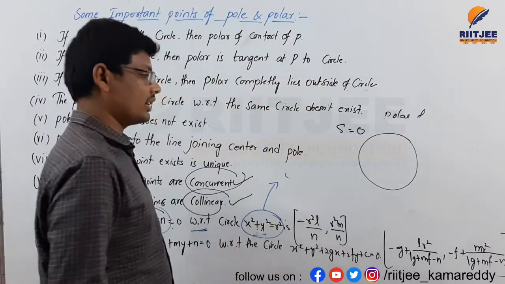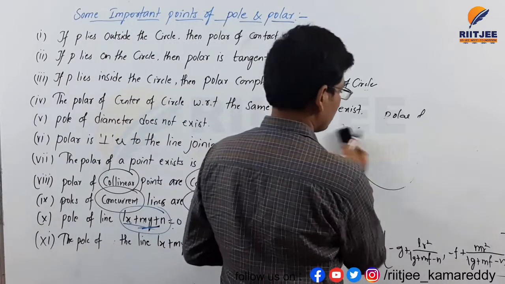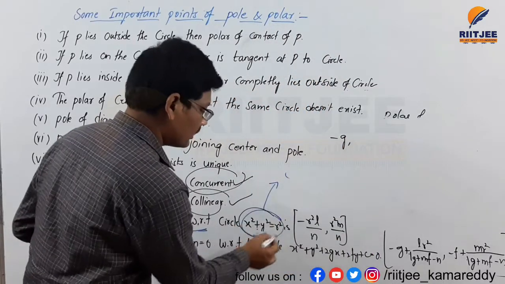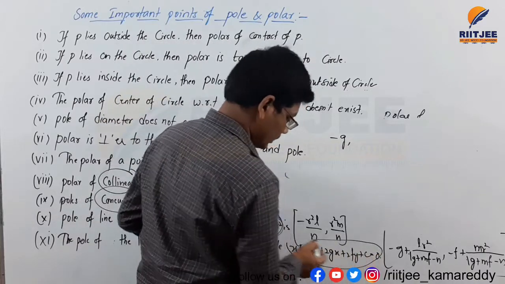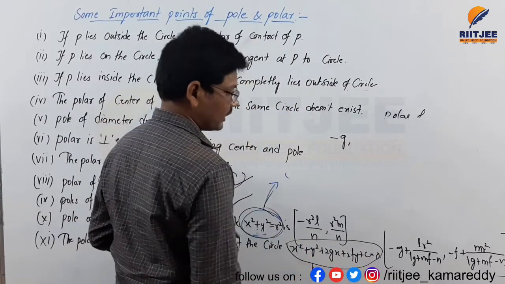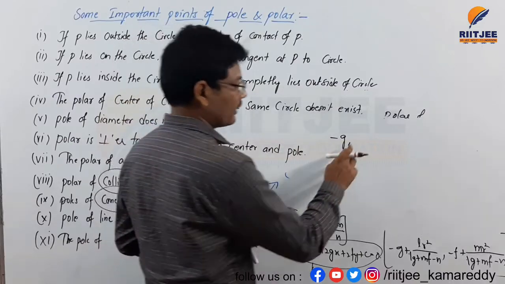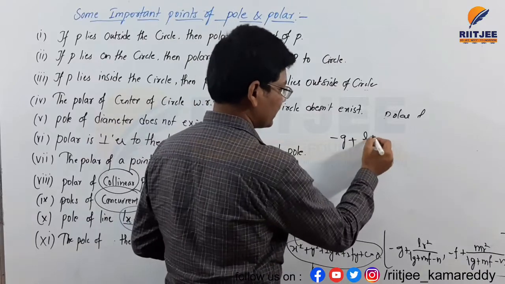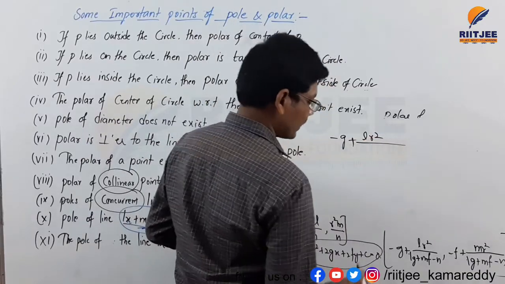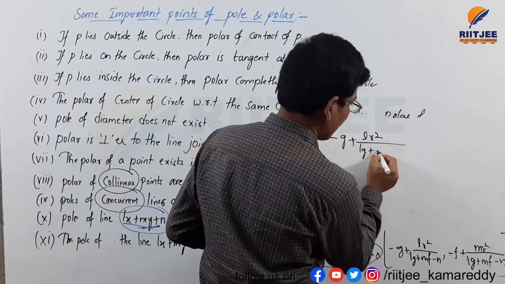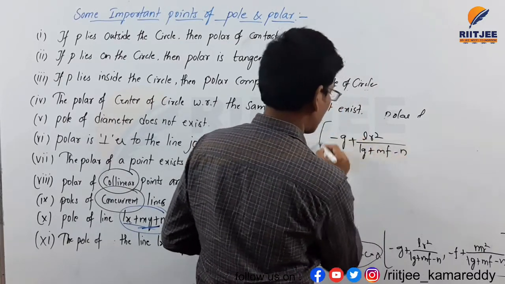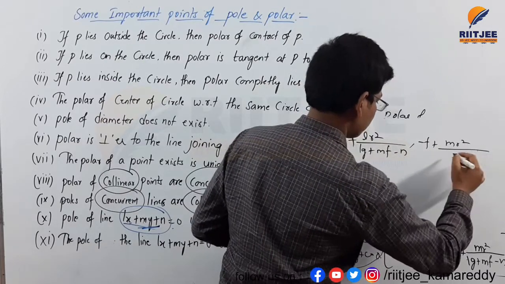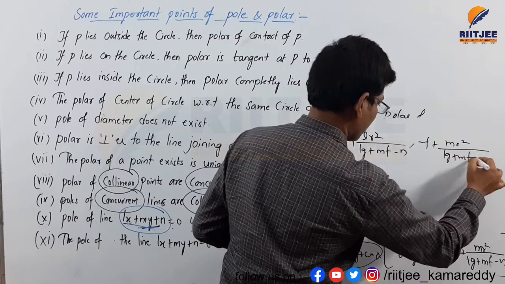This is the general equation of a circle, as opposed to the standard form. For this one, the pole point formula is (l r square by lg plus mf minus n, comma minus f plus m r square by lg plus mf minus n).